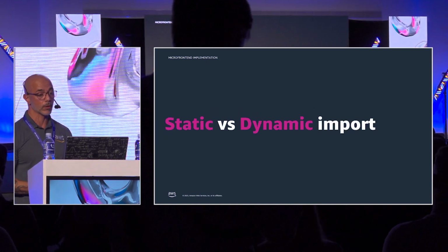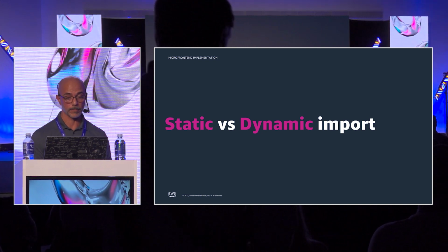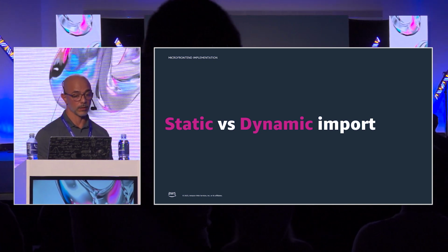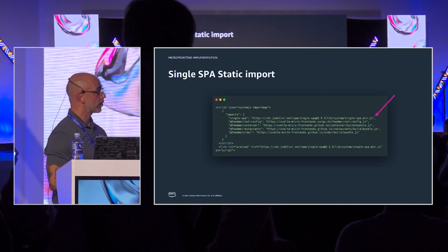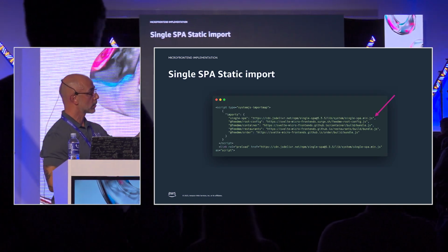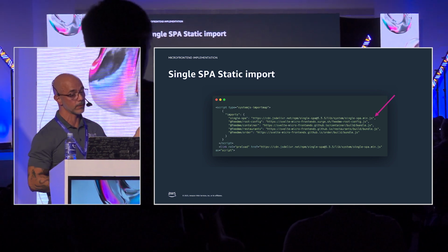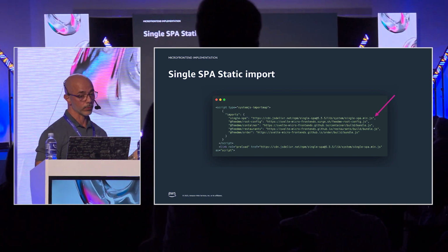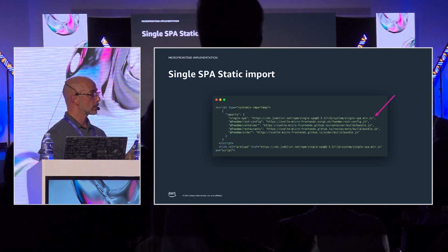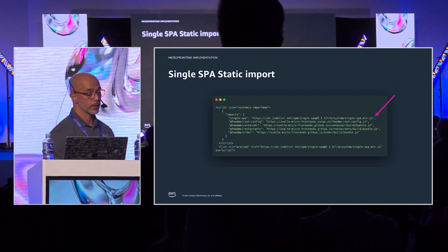So we need to move from static into dynamic. This is a static import. So in here, I have a JavaScript block where I'm informing this specific web page of some import. And this is for a standard SPA, so single page application.